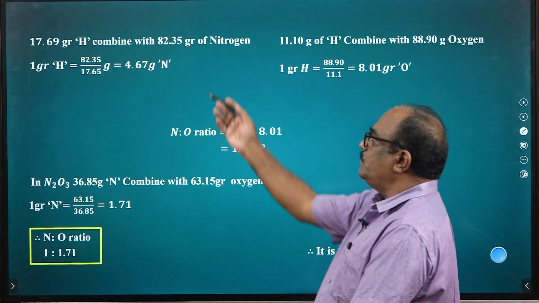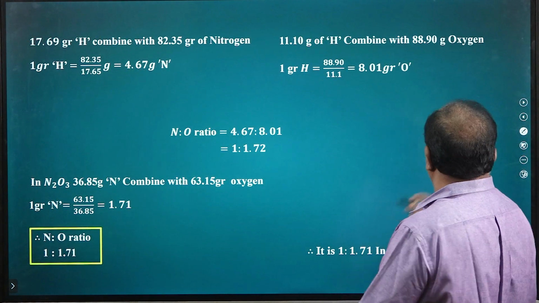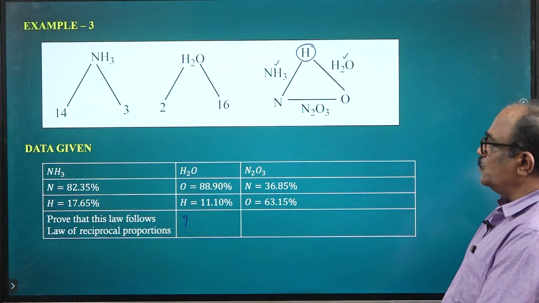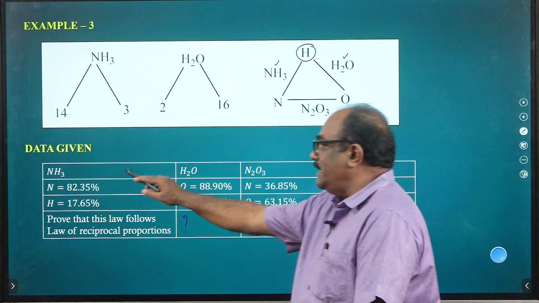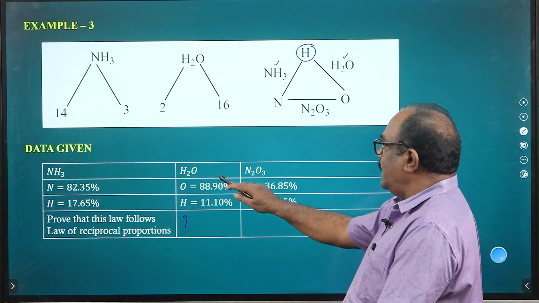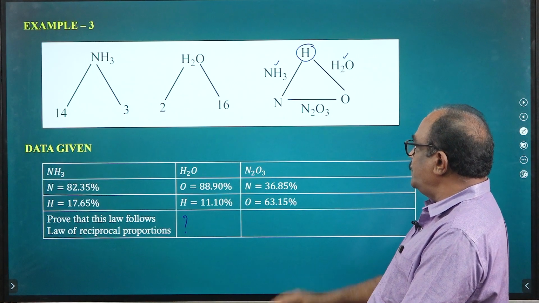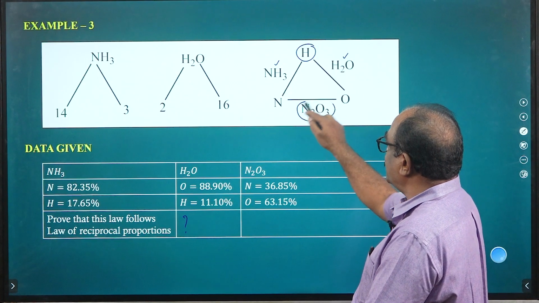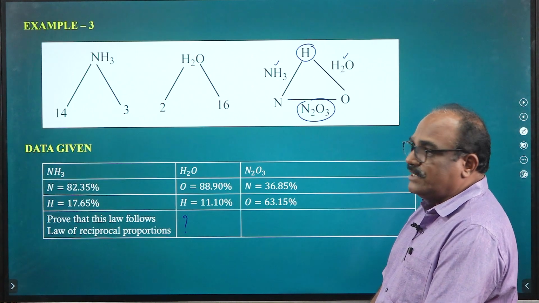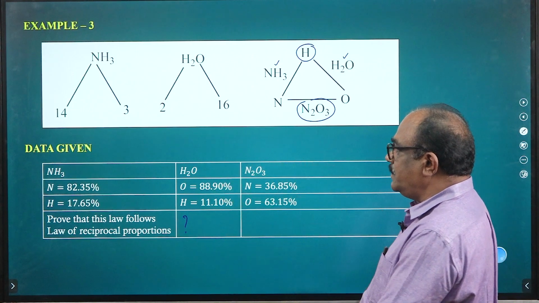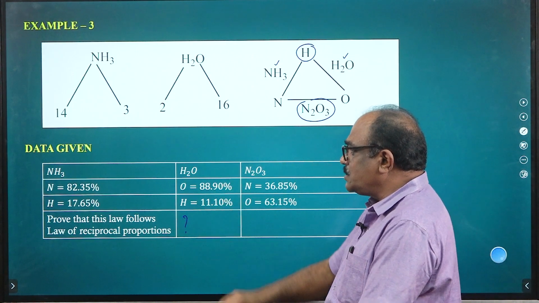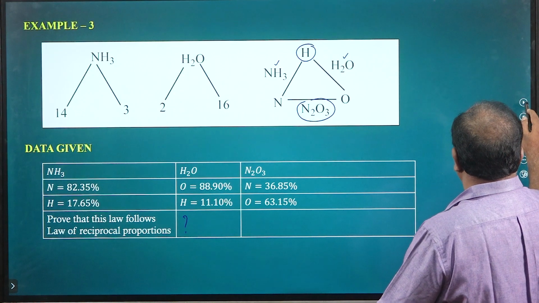Based on the data given, please verify. The nitrogen-hydrogen combining ratio is given, the hydrogen-oxygen combining ratio is given, and in N2O3 the nitrogen-oxygen combining ratio is given. You are asked to prove the law of reciprocal proportions.